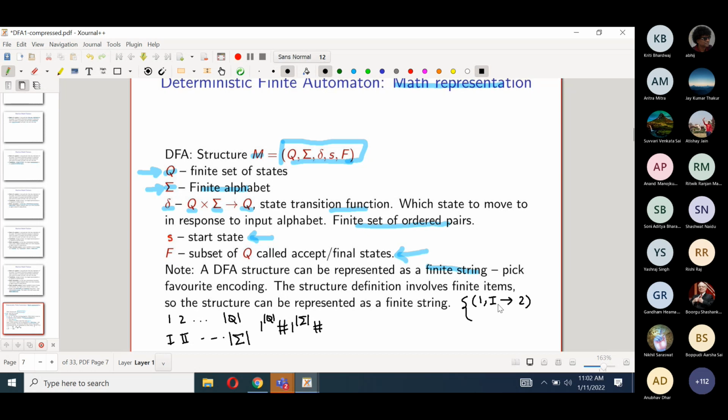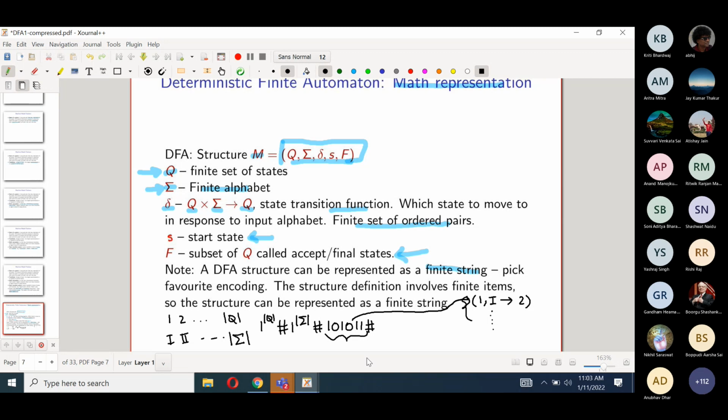And then there are other such pairings. One way of doing this is I write 1, then I put a 0, then I put another 1, then I put a 0, and then I put 1, 1, and then I put a hash. So this will denote this particular transition.